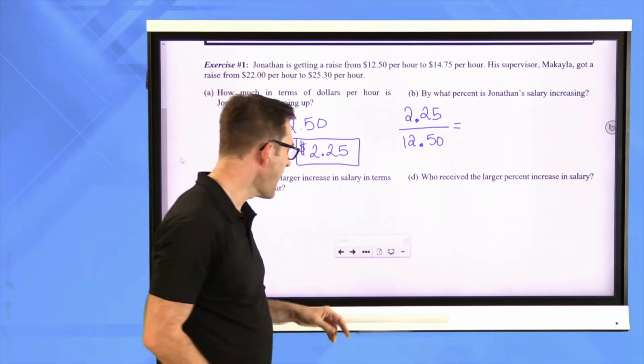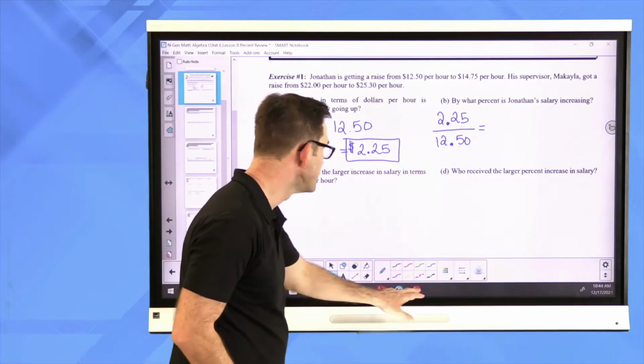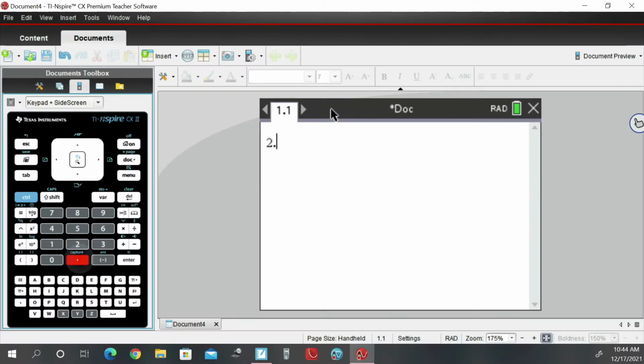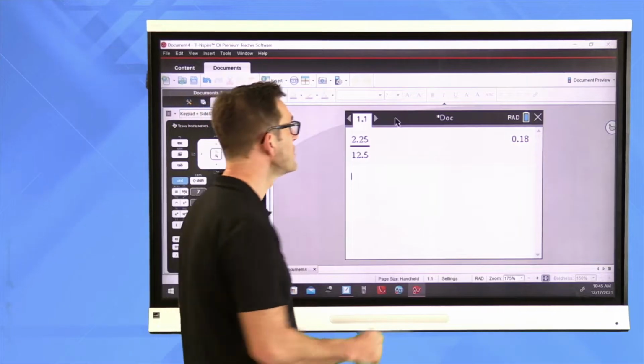But what is that in terms of a decimal? For this, I definitely need my calculator, and it's simple enough. I'm going to have 2.25 divided by 12.50, and that gives me 0.18.